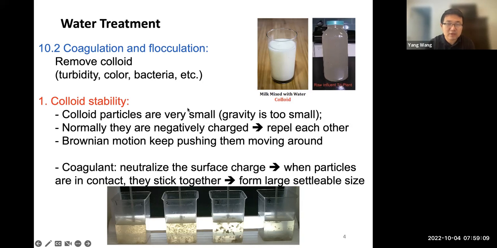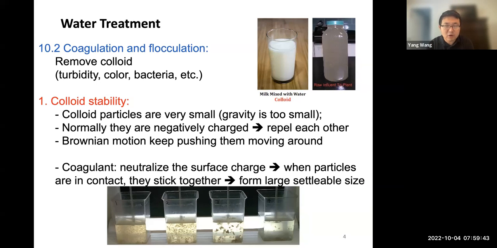There are also other reasons. The first one is that their size is too small. Secondly, these particles are negatively charged. We said that it's mainly because some of the silicon ions are substituted by aluminum ions, which gives the particles a negative charge. If they have the same charge, then because of repulsion, they will not coagulate or form larger particles, so they just stay suspended in the water. The third reason is Brownian motion, a random motion of these small particles because they are always colliding with the water molecules.